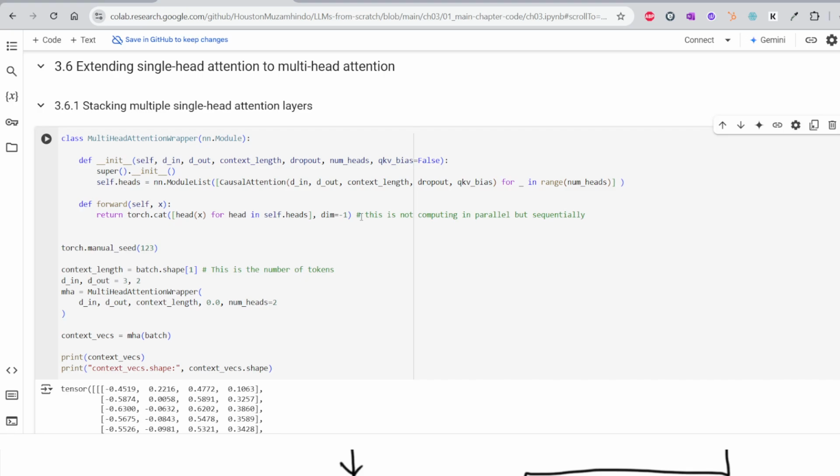We first do head number one, and then we store it on the side, and then we do head number two, and then we concatenate it to that, and then we calculate head number three, and then we concatenate. So there's no parallelization here.